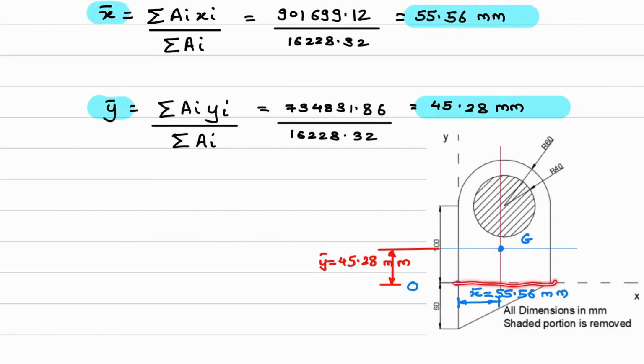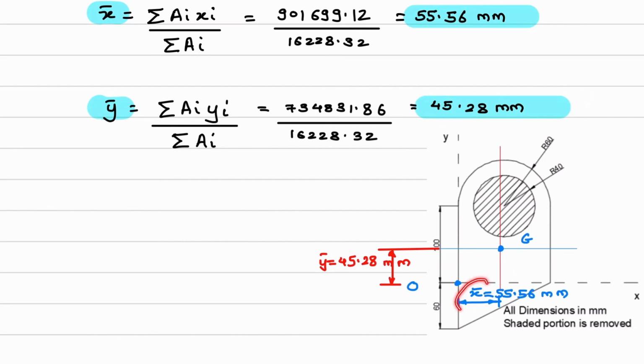Total is how much? 120. So half of that, up to this point it will be 60. Since it is 55, we have taken it a bit behind. Similarly, Y bar is 45.28. So total height of this rectangle is 100. So half will be 50 somewhere over here and this will be 45.28.